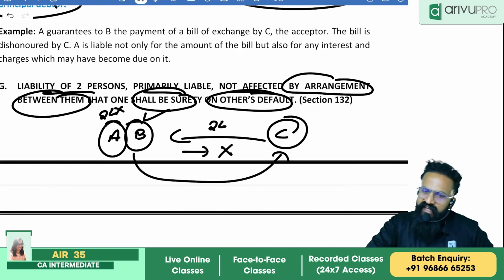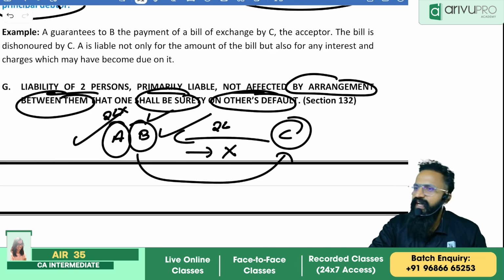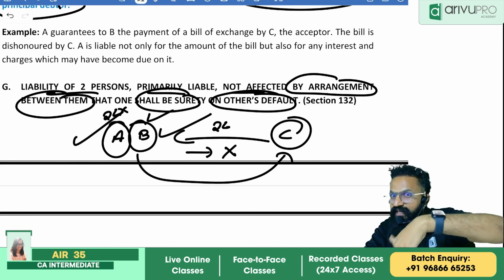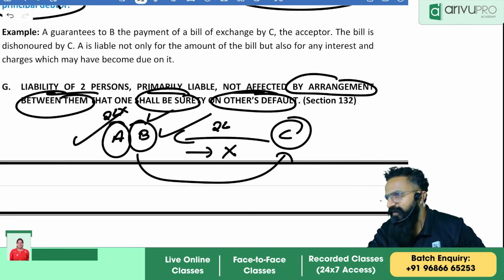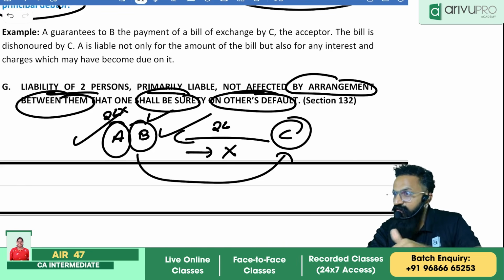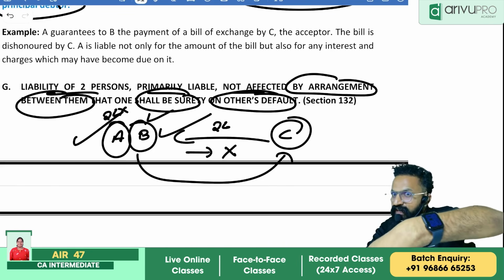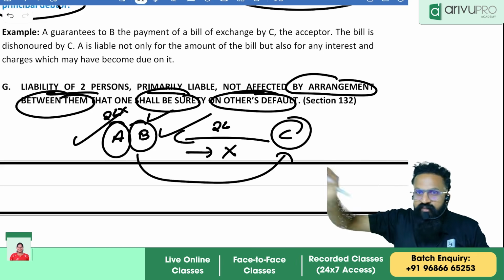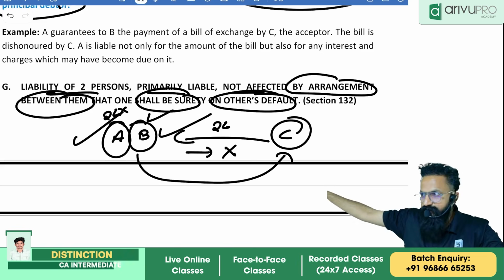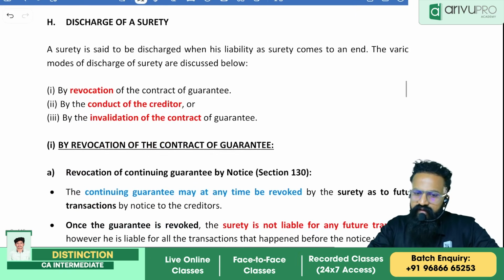C can file a case on A directly or B directly. Whatever your private agreements are, it will not bind C. That is what this rule is. Understood?